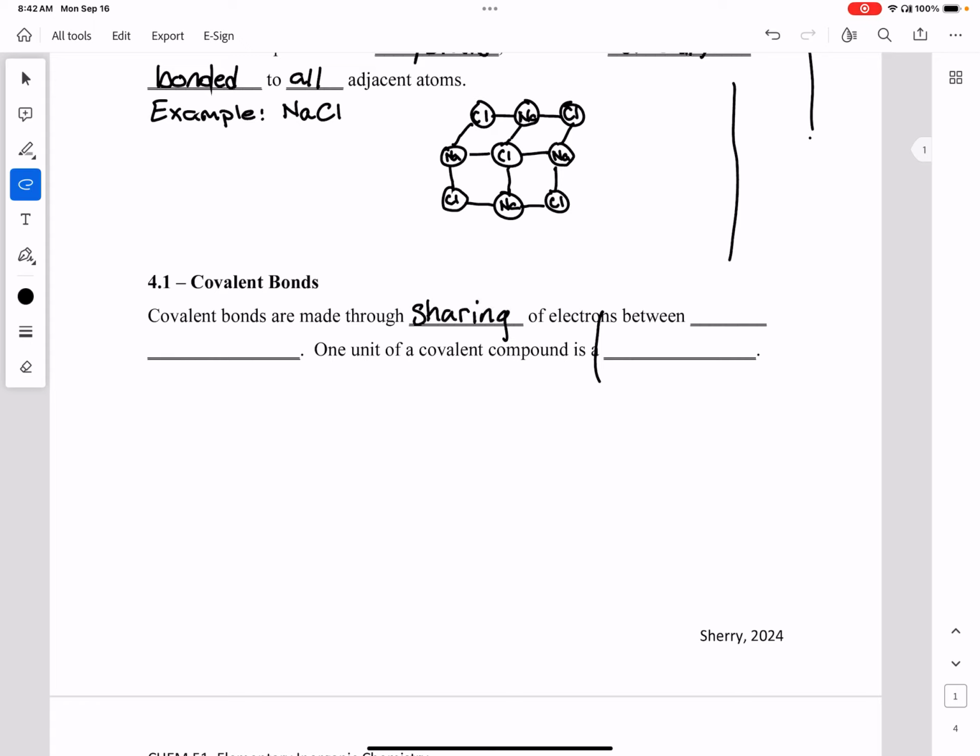All right, there's no charges involved. And that sharing of electrons occurs only between nonmetals. Okay, and so one unit of a covalent compound is called a molecule.